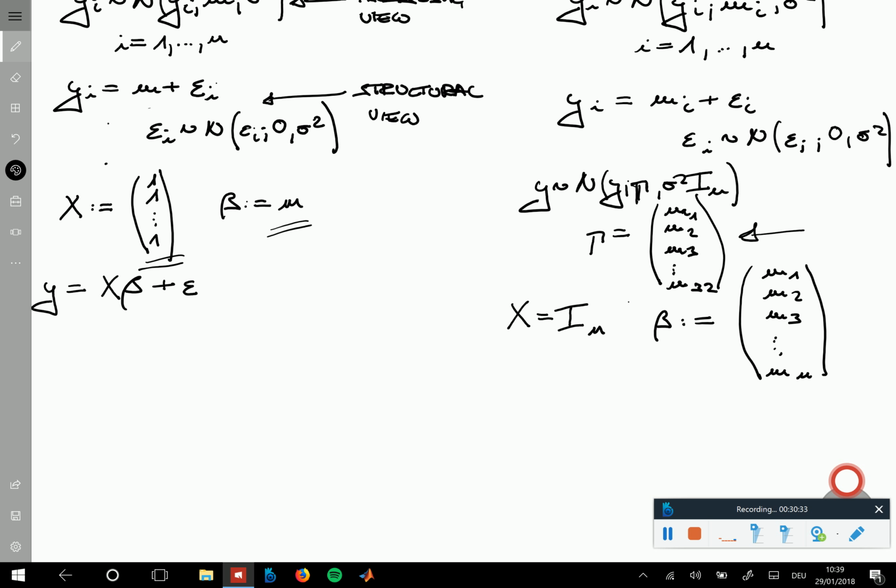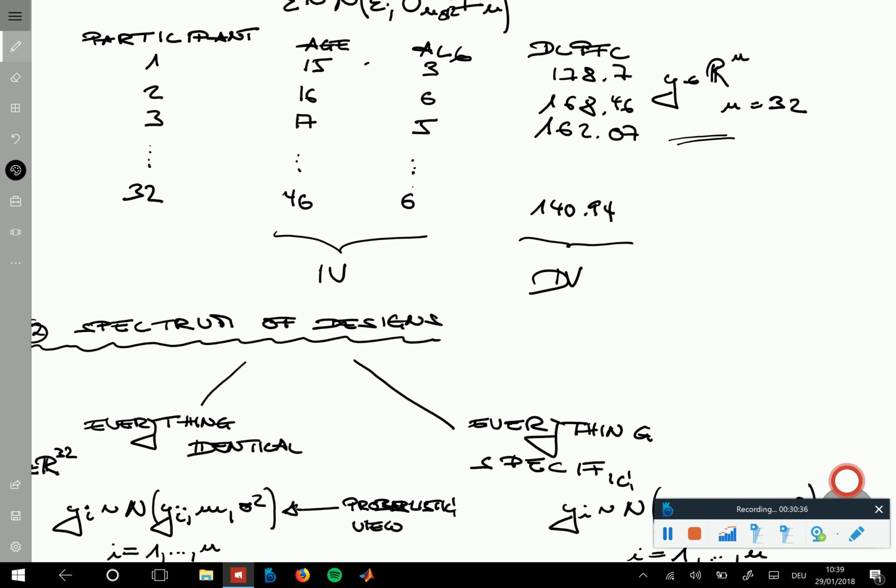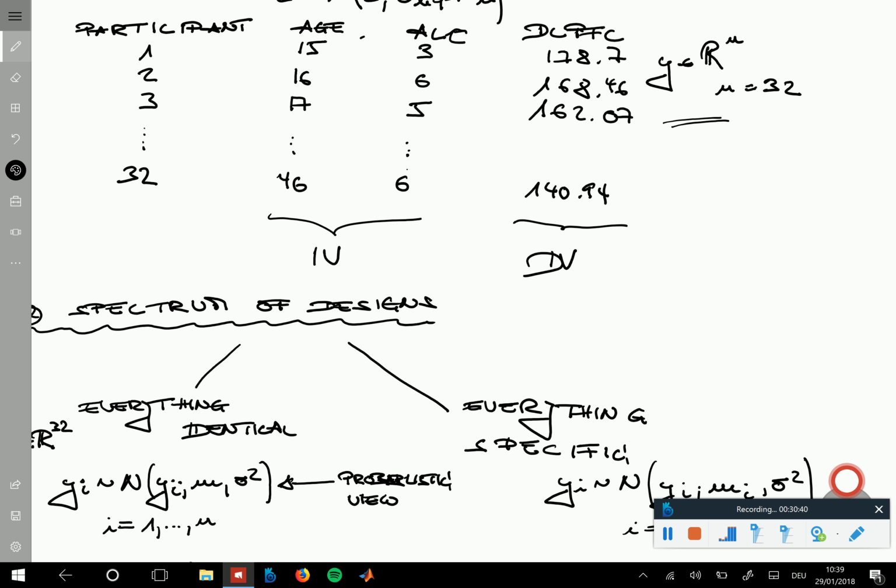Applied to the data set that we're looking at, this would mean that you conceive the DLPFC volume of the first participant as a realization of the participant-specific expectation. So, for example, this participant has an expectation of 174, and then there is some additional noise, which you would explain as measurement noise. The next participant would have their own expectation parameter, m_2, I don't know, being 170, and again, this would be noise.